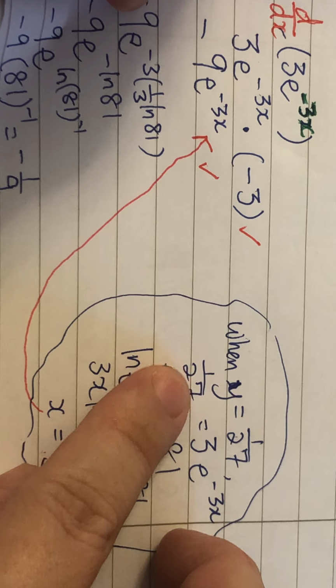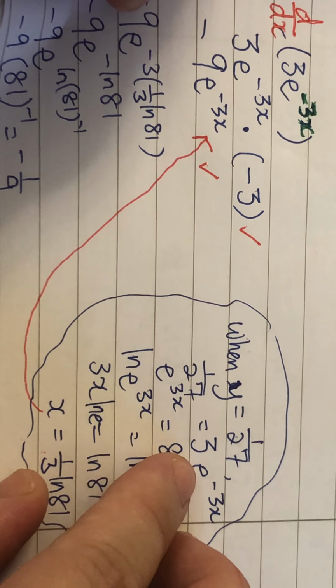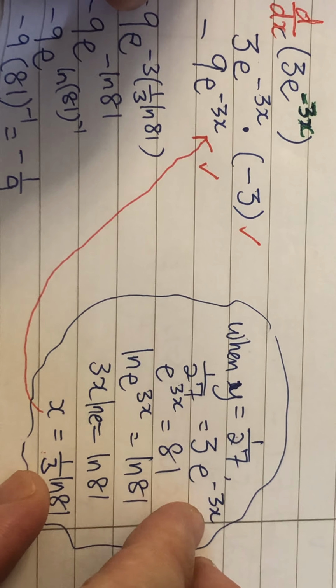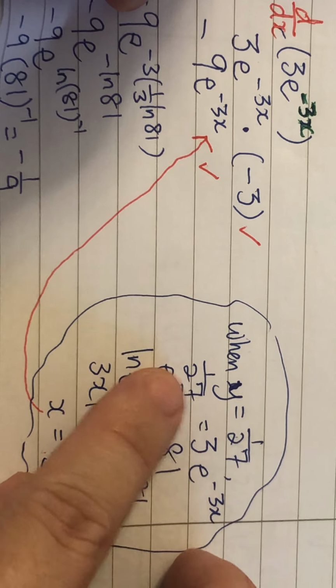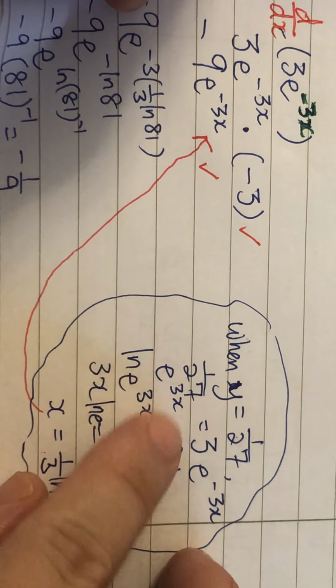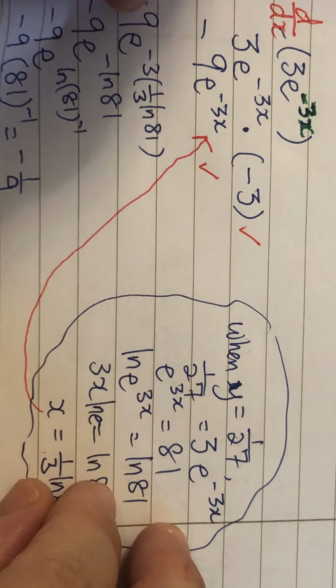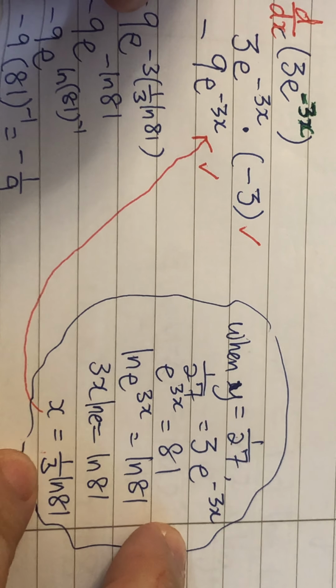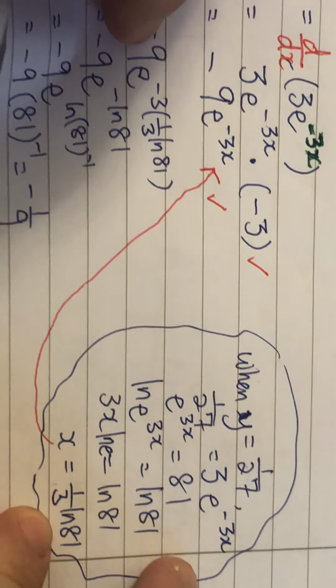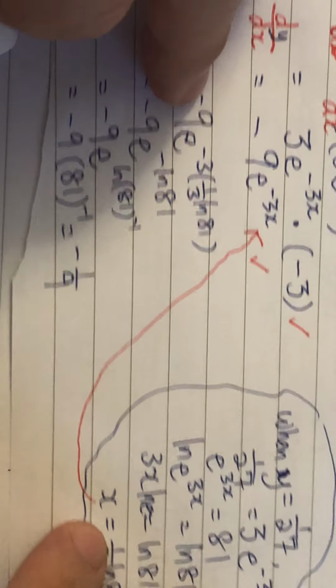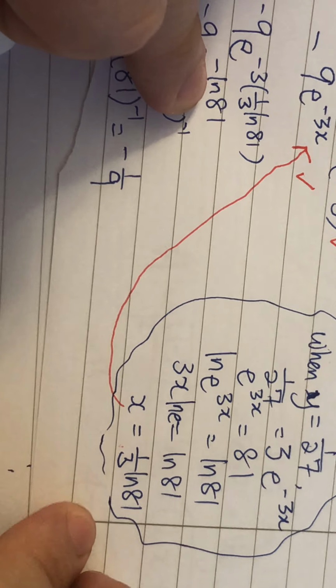So I put 1/27 here, divide, I make this e to the power 3x the subject, I'll get this. Okay, then I ln both sides, I'll get this, and then my x is this. Okay, but now I have a problem. What problem? When I sub this x here, class, you see, I work in exact form.